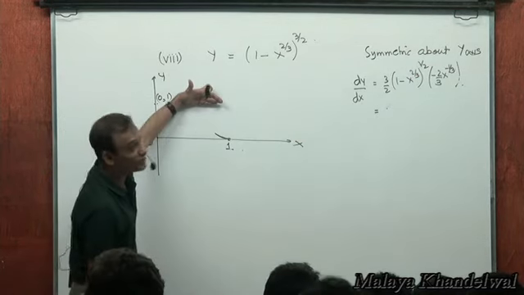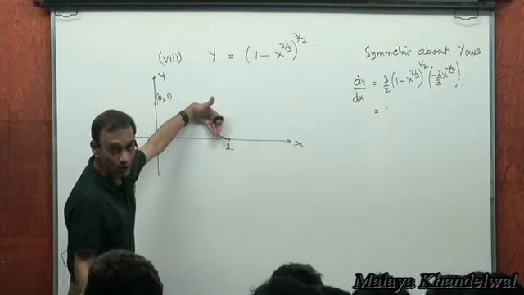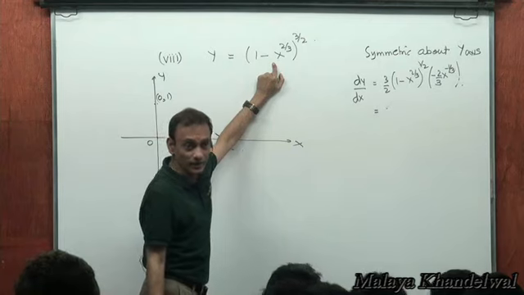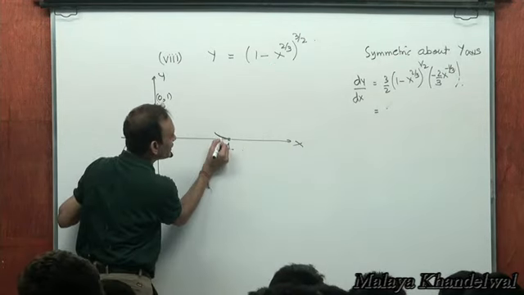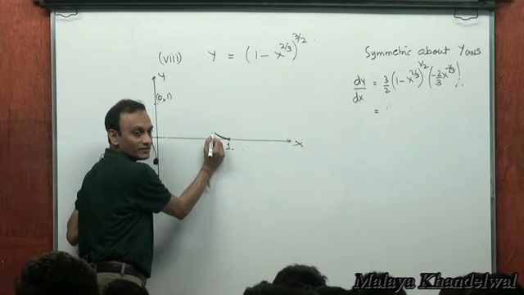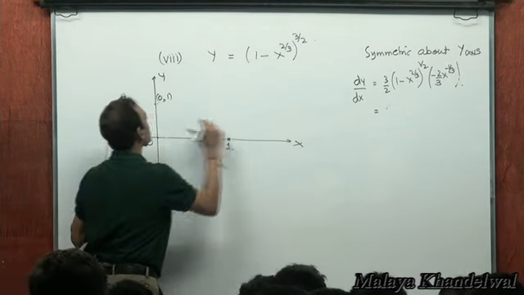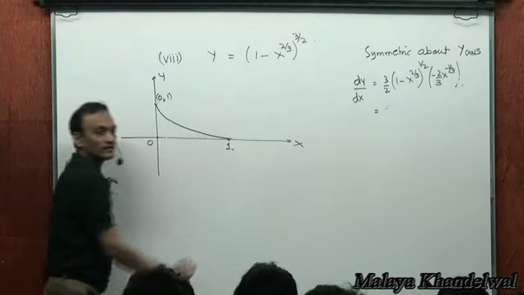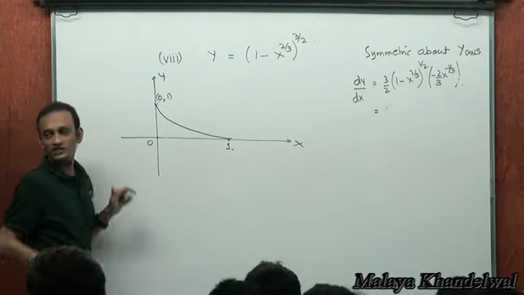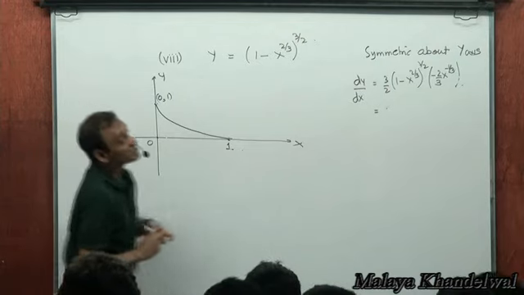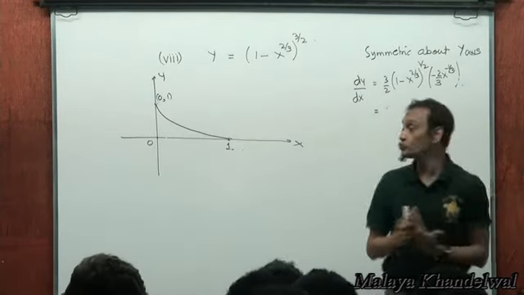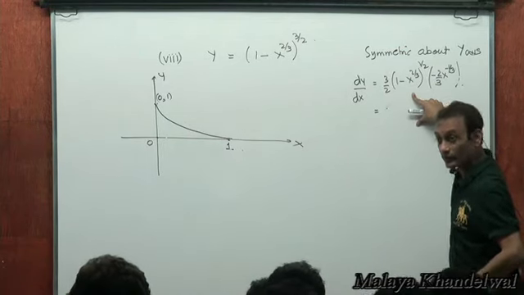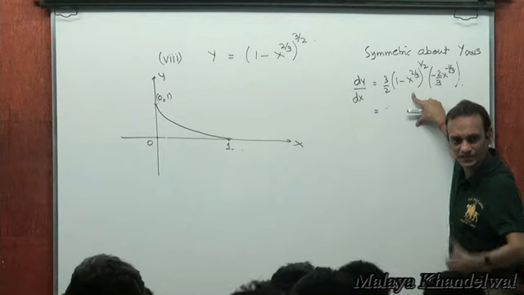And y is positive for x lying in the interval 0 to 1. Y is always a positive number here. Therefore, at x equal to 1, dy/dx is becoming 0, so you would expect something like this here, and in line with this, something like this between 0 and 1. Yes or no? And at x equal to 0, x to the power 1/3 will come in the denominator, so dy/dx tends to infinity as x tends to 0.